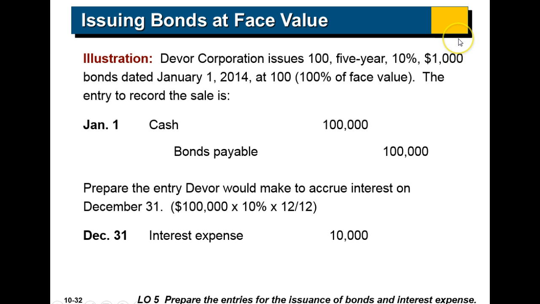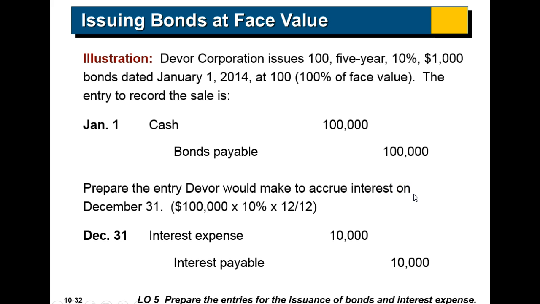Prepare the entry Devor would make to accrue interest on December 31st. If on December 31st they need to accrue that interest, they're going to show a 10% interest rate on $100,000 for 12 months, or interest expense of $10,000 and interest payable of $10,000.